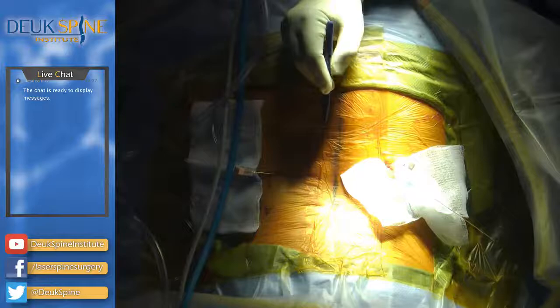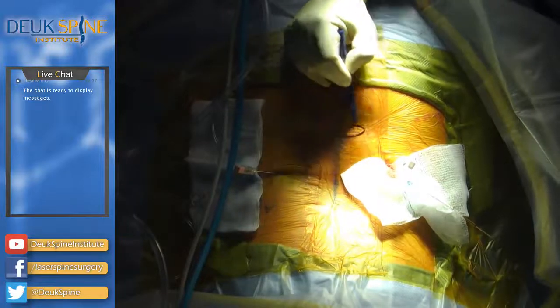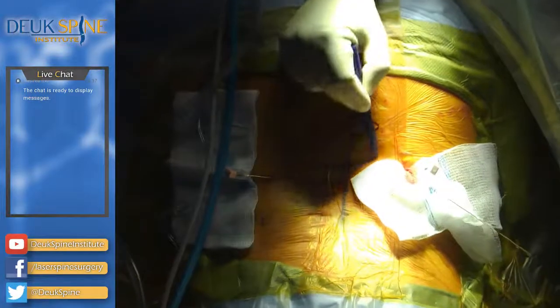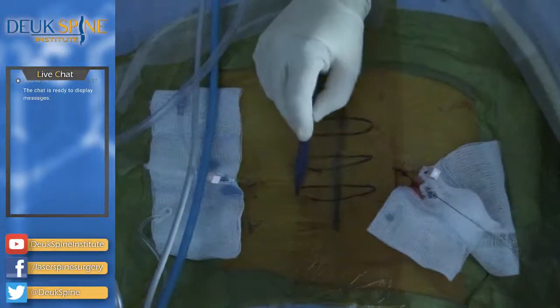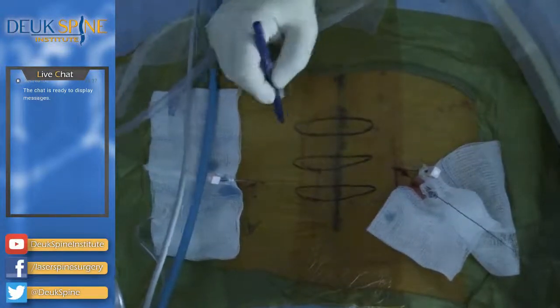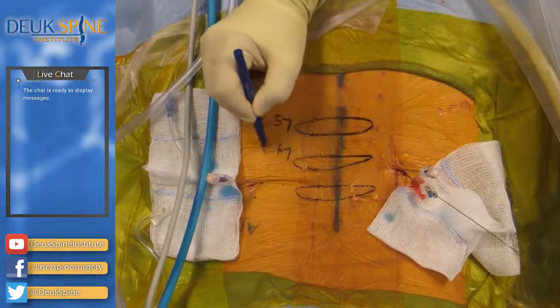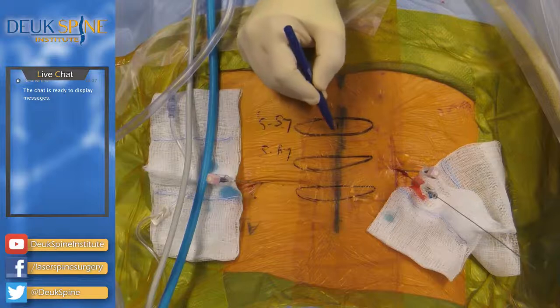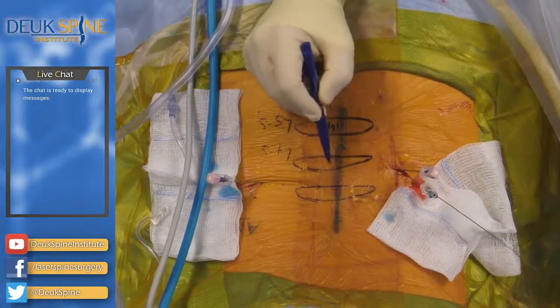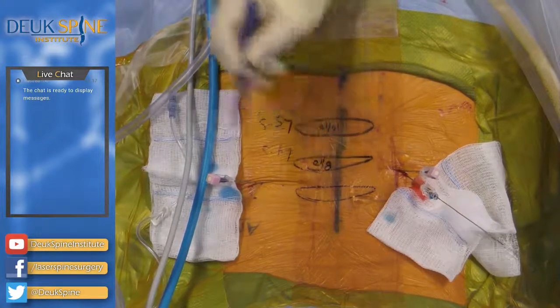All right. Nice. So we tested the L5S1 disc, and it was pretty darn collapsed. And then we tested the 4-5 and then the 3-4. What did we say L5S1 disc pain was? It was a 10 over 10. And then L45 was an 8 over 10 concordant.